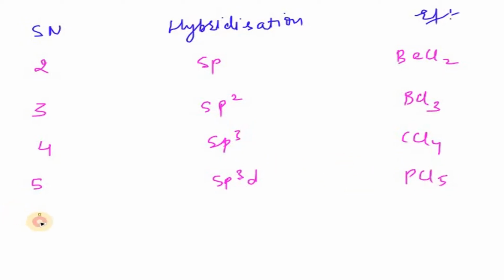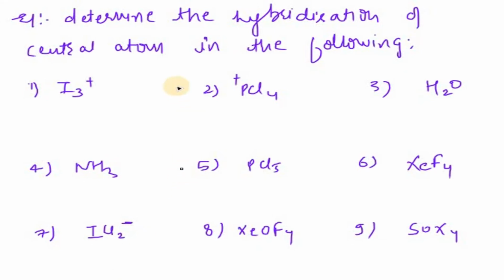If the steric number is 6, it is sp3d2, and the example is SF6. And if the steric number is 7, it is sp3d3, and the example is IF7. So let's do some exercises: determine the hybridization of the central atom in the following.